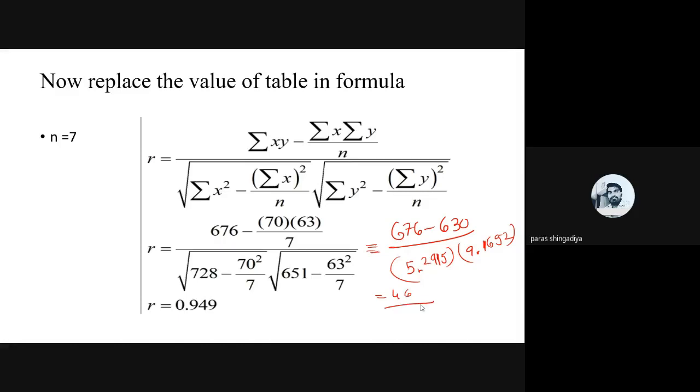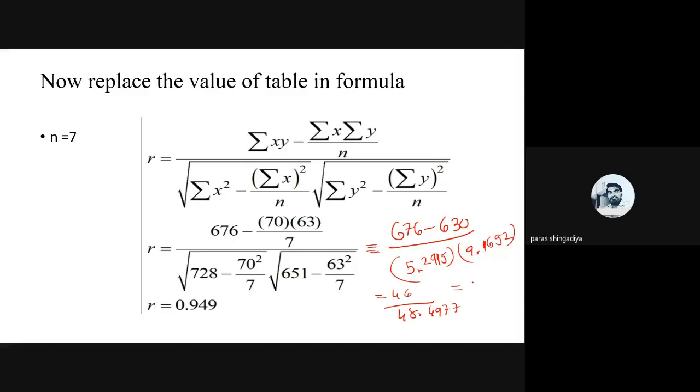The product is 5.2915 into 9.1652, that is 48.4977. And now check the final one: 46 divided by 48.4977, and that is 0.9485. You can consider up to 3 digits.